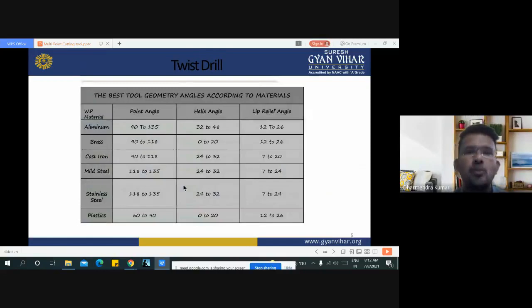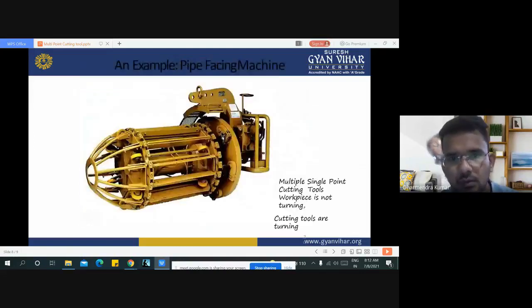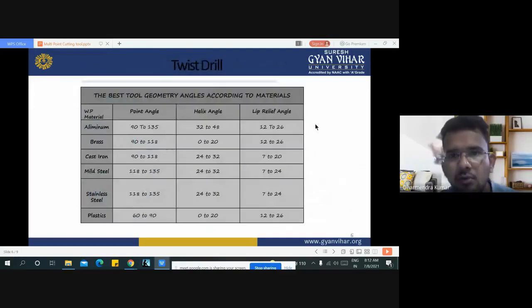The best tool geometry angles according to the workpiece material. Here we are using materials like aluminum, brass, cast iron, mild steel, stainless steel, or plastic. For aluminum, point angle varies from 90 to 135, helix angle 30 to 48, lip relief angle 12 to 26.